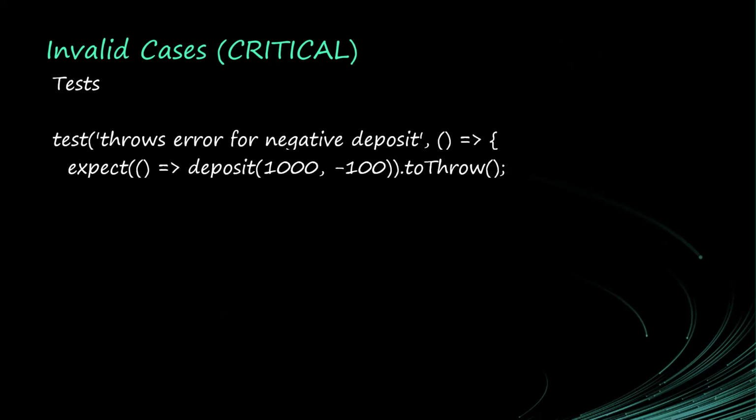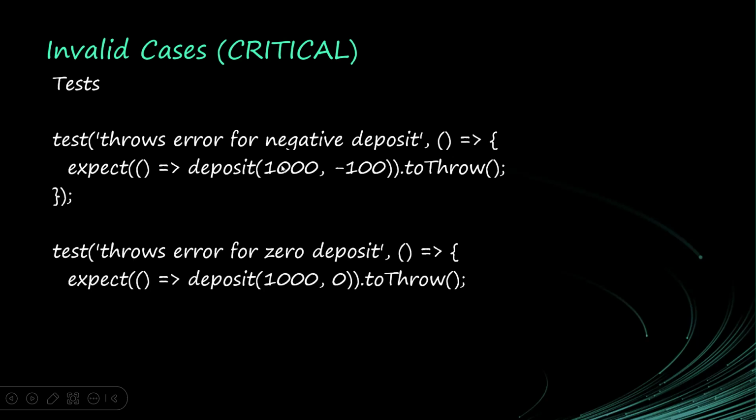Like in this case now, we don't expect the deposit to be a negative number, so you should throw an error. We don't expect the deposit to be 0 or negative, so always write tests that will check for these things, and then refactor your functions to actually pass these tests.